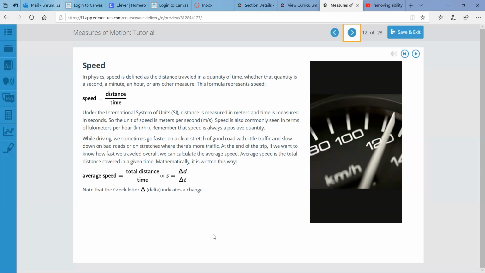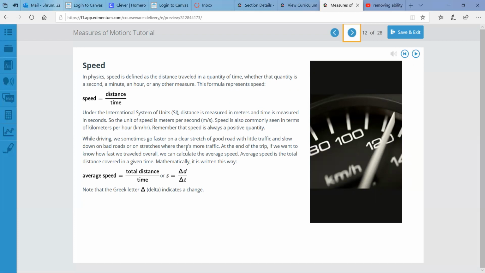While driving, we sometimes go faster on a clear stretch of good road with little traffic and slow down on bad roads or where there are lots of cars. So at the end of the trip, if we want to know how fast we traveled overall, we calculate the average speed, and that's the total distance covered in a given time divided by the total time.